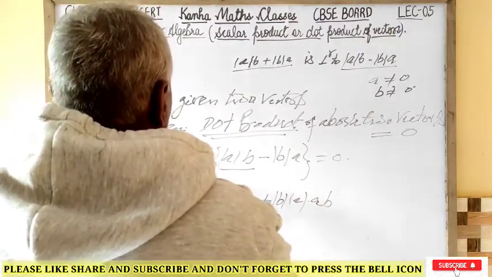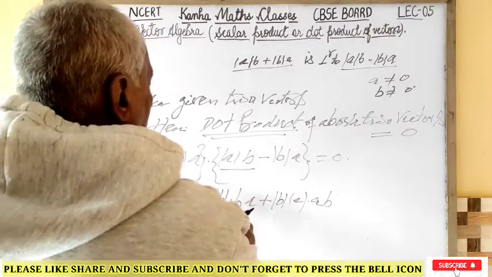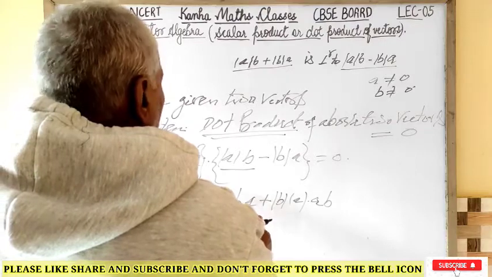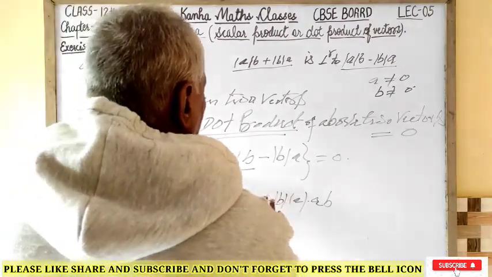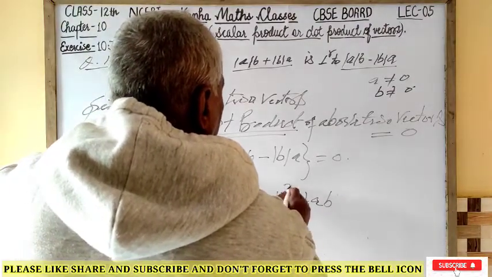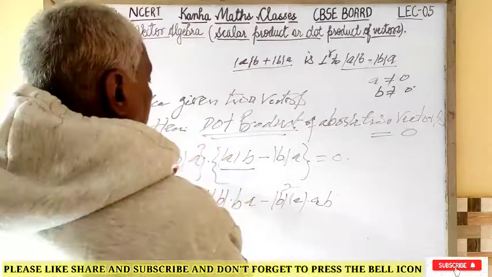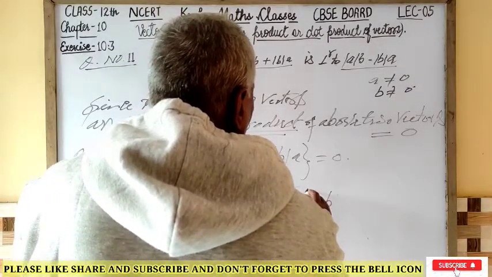Here |A||B| A dot B, and here |B| squared minus |B| squared, and this is |A| squared.